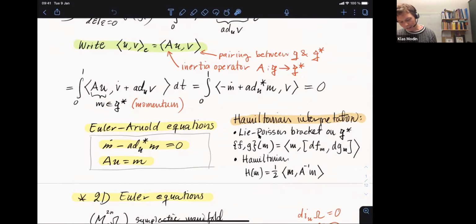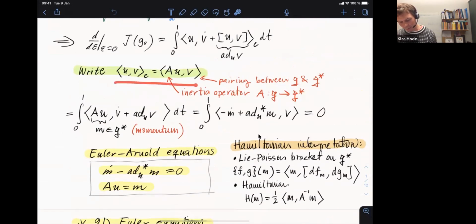And to obtain this element, I write the inner product, remember we started with an inner product, in terms of the natural pairing between G and its dual G star. And then I get the so-called inertia operator, right? And then A times U is just the momentum variable that lives in the dual.